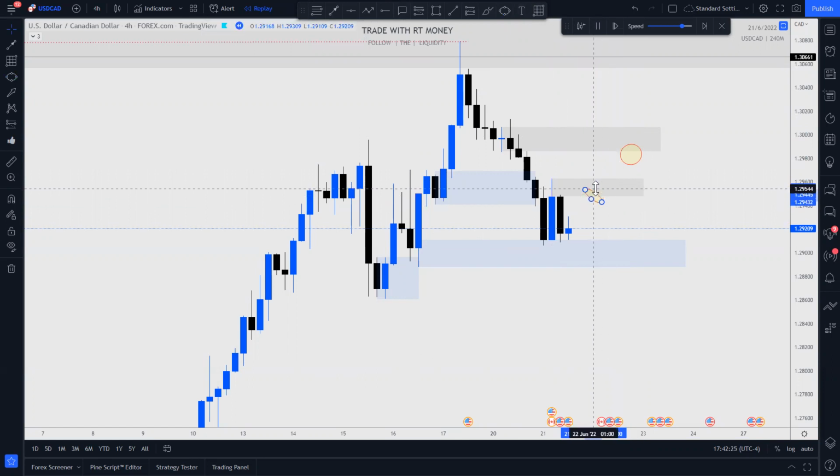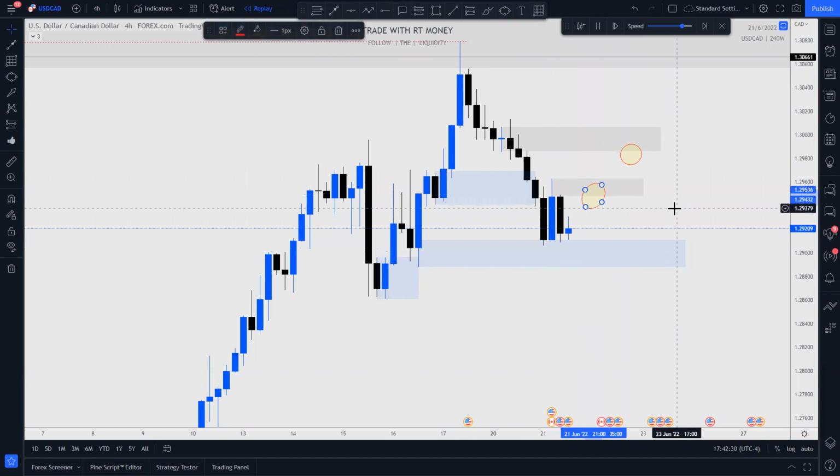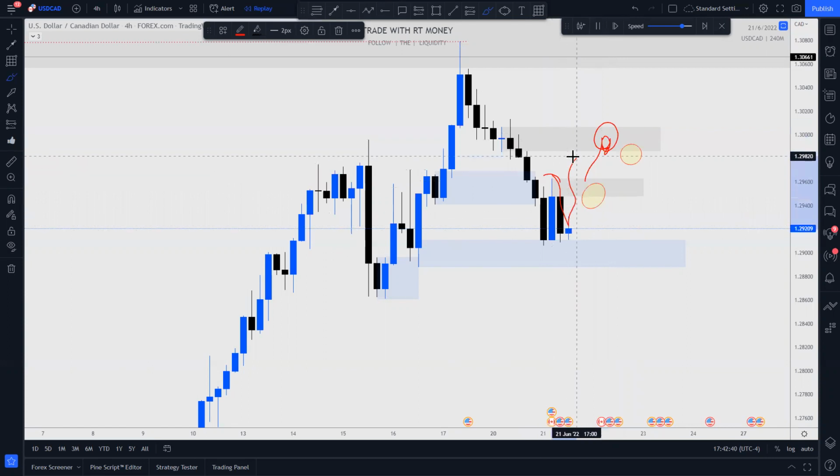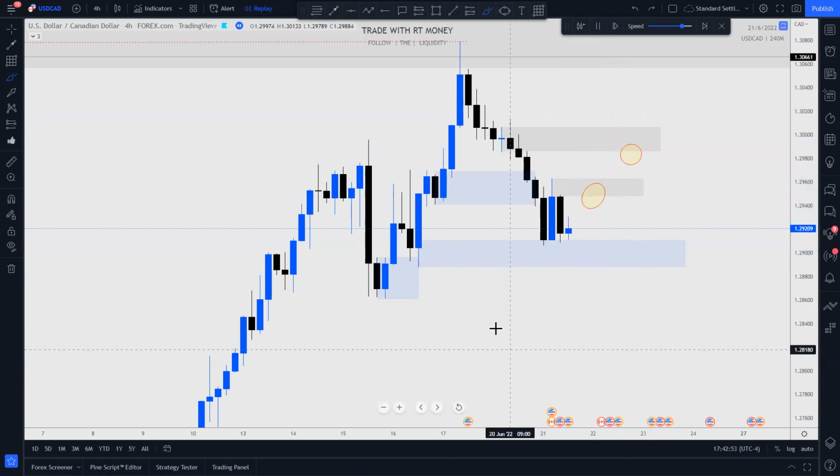Just don't be too eager here, because this is kind of aggressive, and price could use this high as inducement to get people to take shorts early, only to have the price come back and take them out of their trades by taking out the stop losses, and then going all the way up here, and then giving us our sell setup. Understand? So that's what I'm looking for.